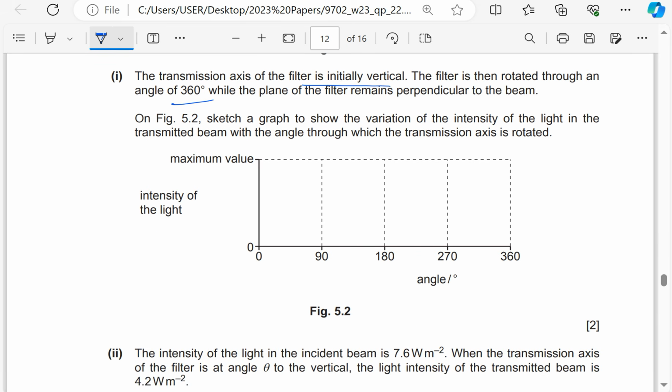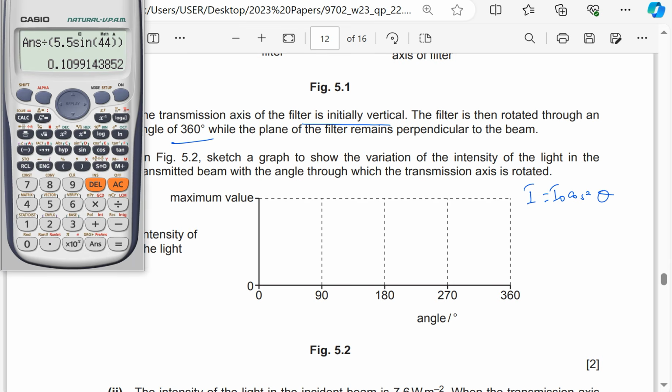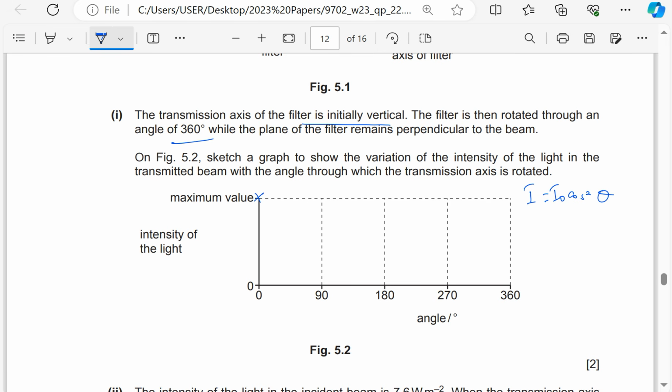So we know that intensity varies as I equals I naught cos squared theta. If theta equals 0, you just check with your calculator, cos of 0 is 1, so this will be I naught, that will be maximum. If theta equals 90, cos of 90 is 0, so this goes to 0.